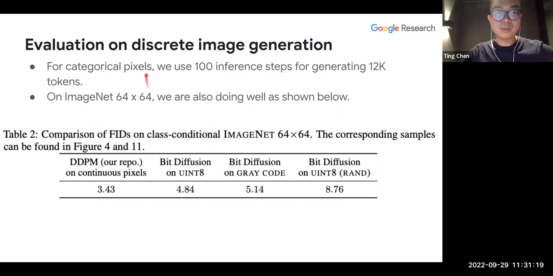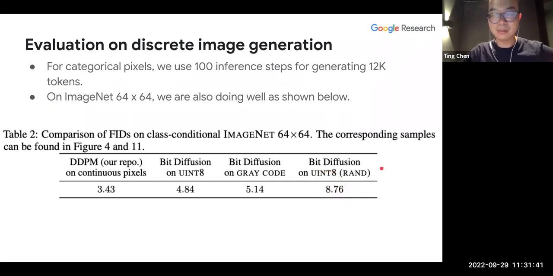And what's worth emphasizing is on ImageNet 64 by 64, we are also doing well, as shown below here. If you model image as continuous pixels, which is the most efficient way, because pixels have some intensity correlation. But if you model it as categories, you still get a decent FID.